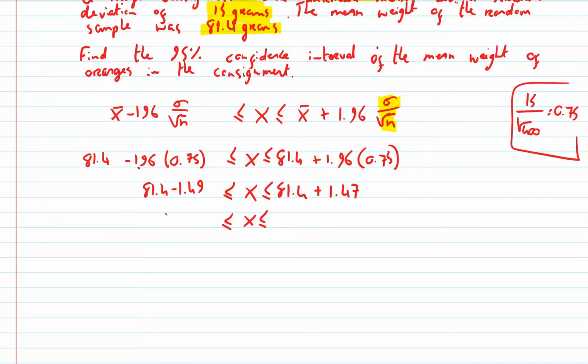So the real mean lies between 79.93 and 82.87. I'm saying x̄ is the mean, but often we say we have the mean denoted by this symbol as well. So x̄ is fine, or we can write it like this.